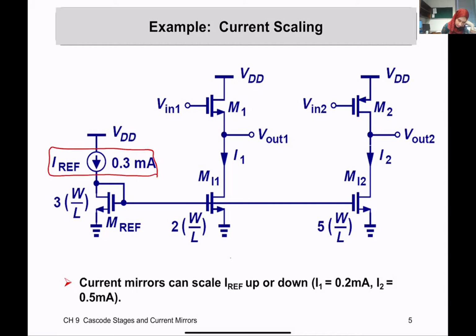So I1 over IREF is basically going to equal what? W2, which is the width of this one, divided by the reference transistor. So it will be 2 over 3, because W is the same as W.